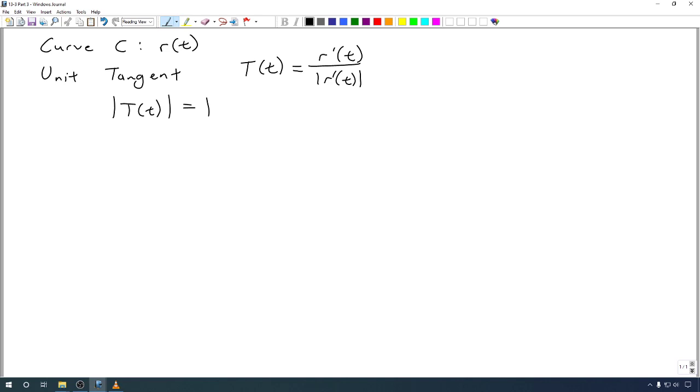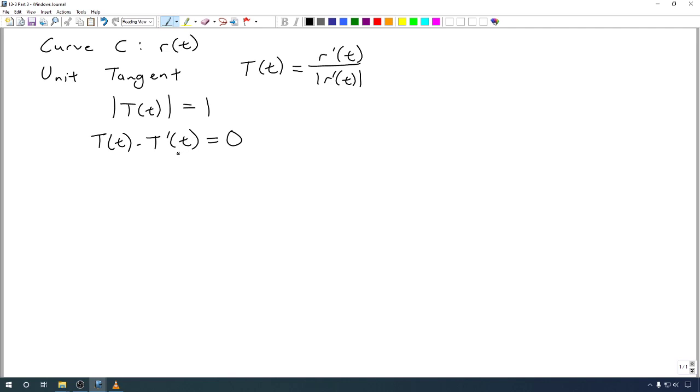So if you recall from section 13.2, we noted that means that capital T of t and its derivative, capital T prime of t, are always perpendicular to each other. They're always orthogonal. That means that capital T prime is actually always perpendicular to the curve at every value of little t.